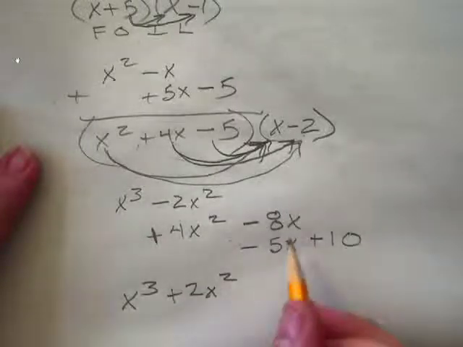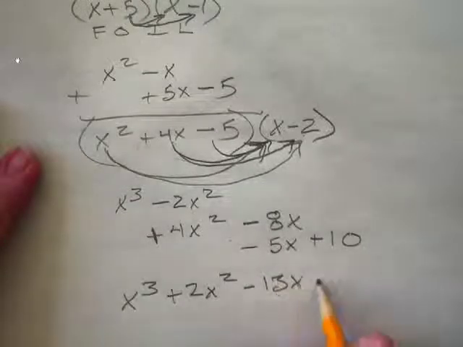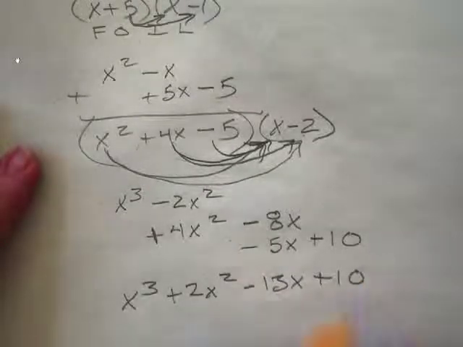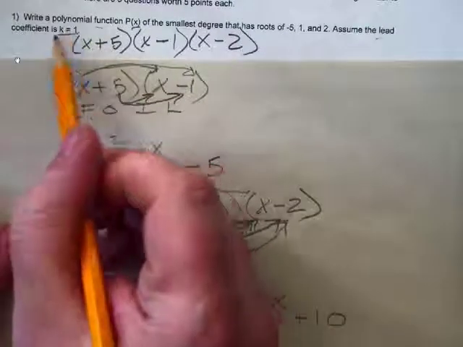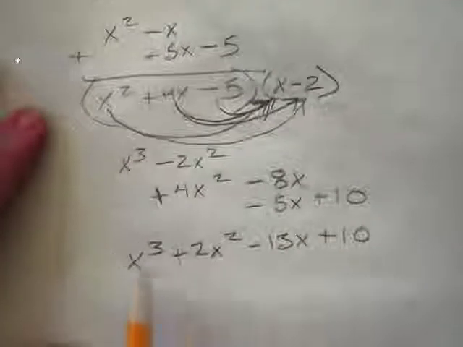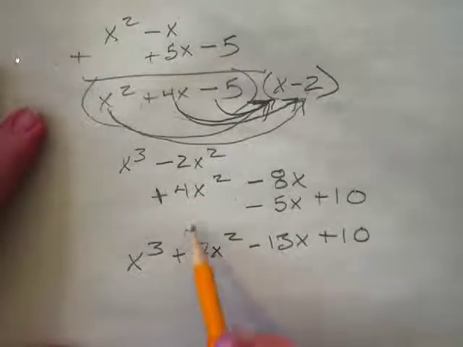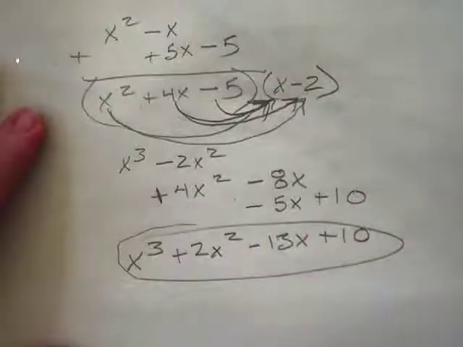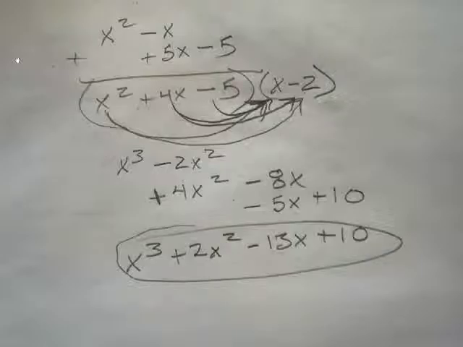And then negative 8x and negative 5x is negative 13x plus 10. Now, did we get all the rules? Well, the leading coefficient has to be 1, and we see here the leading coefficient is 1, 1x cubed. So that is the answer to number 1. And that's all you have to do.